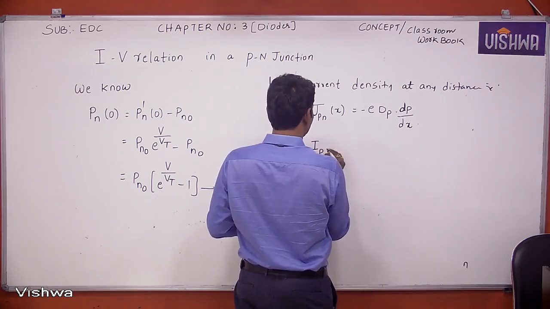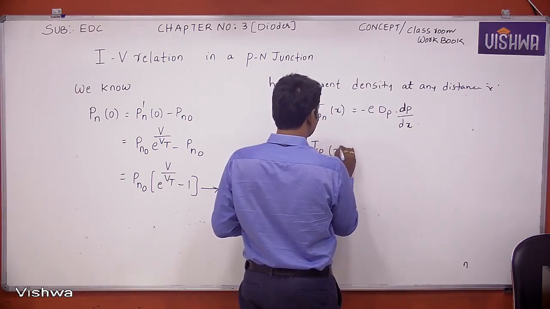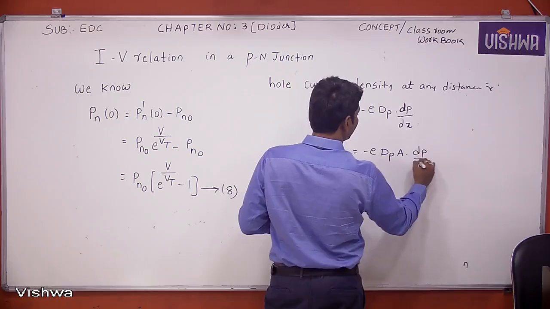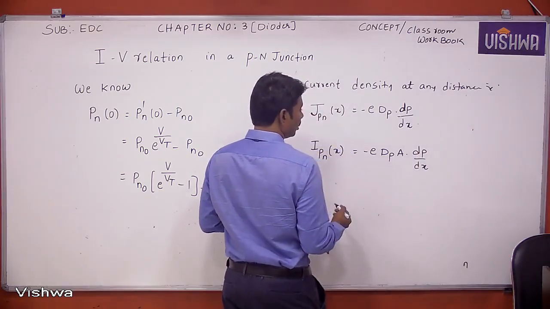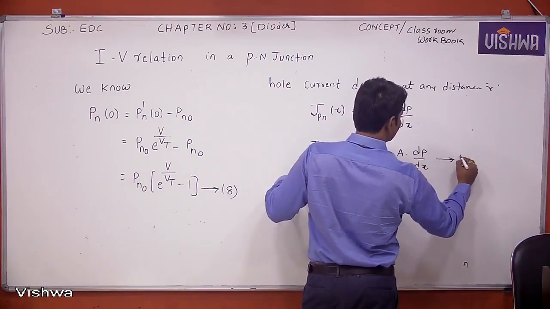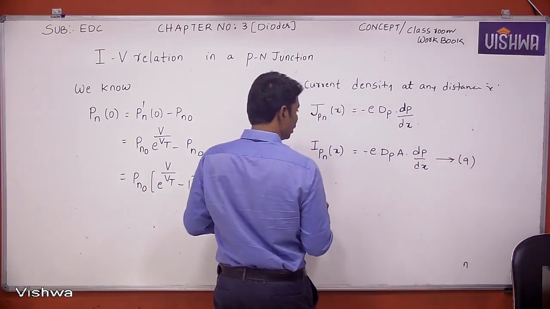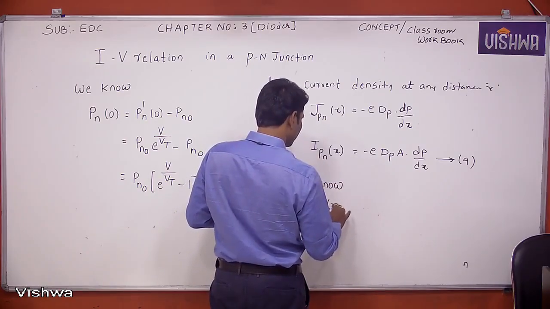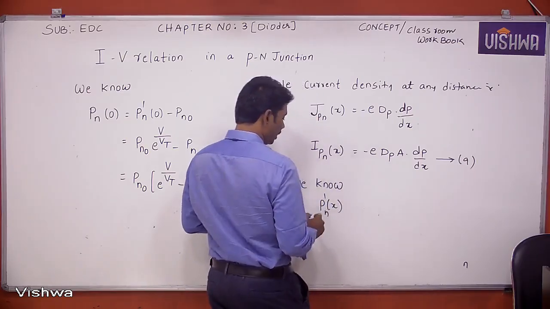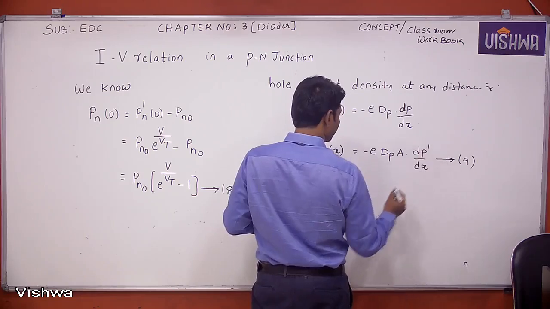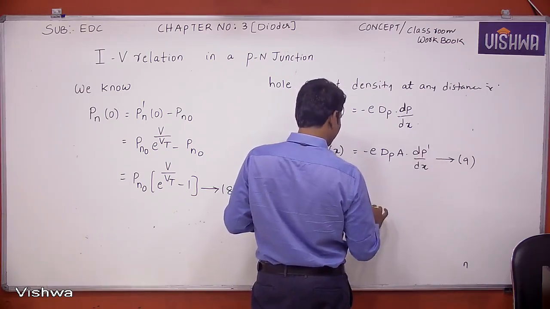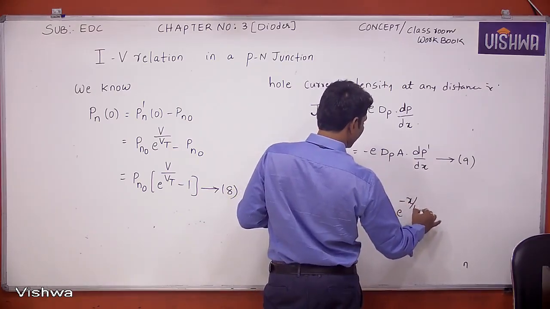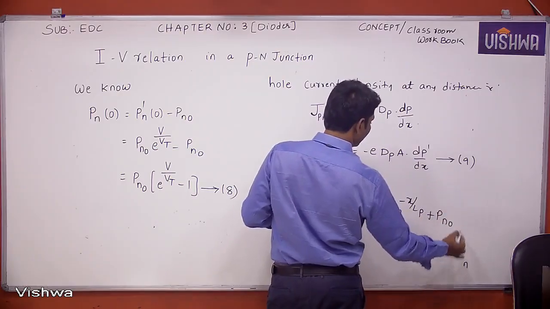From this, the current is IPn of x is equal to minus E into Dp into A into dp by dx, right? Now consider this one as equation 9. Okay, we know Pn of x is equal to what actually? Pn of x is simply Pn of 0 into e power minus x by Lp plus Pn naught, right?